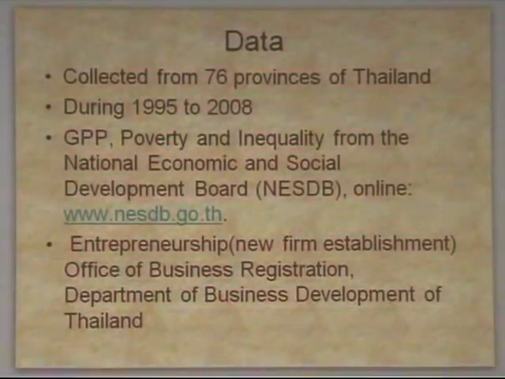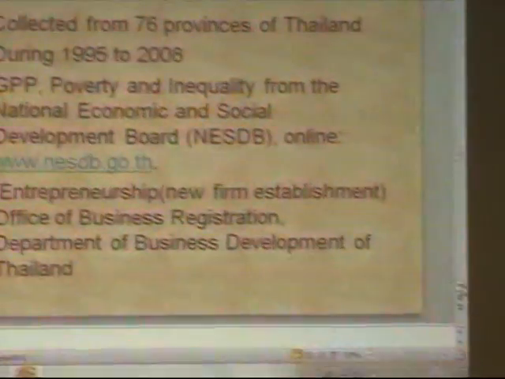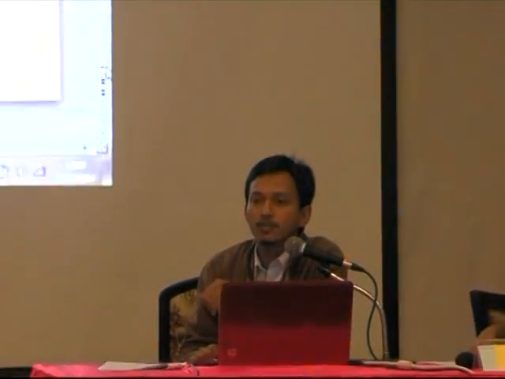So when I want to measure, I just take the average of the data. In the study of Beck et al., they did the same way as mine. They just took the average of every variable, so it becomes only cross-section data. Even here you can see that it's a very large period.